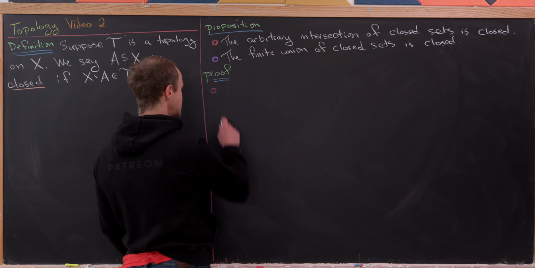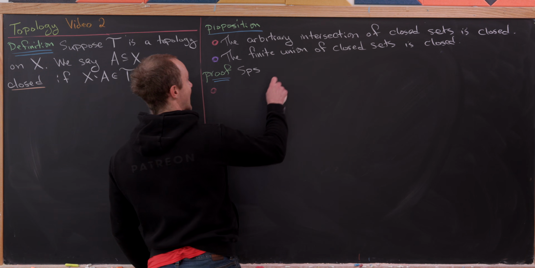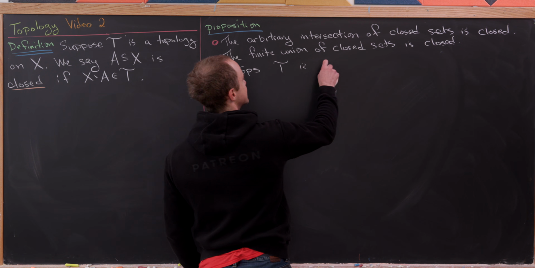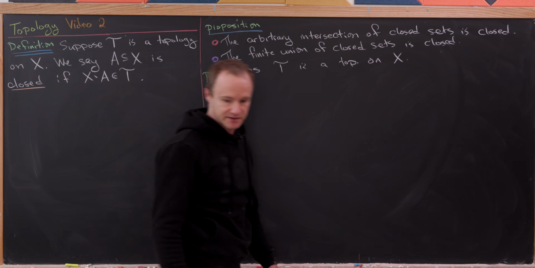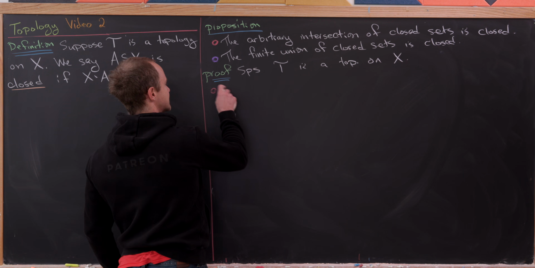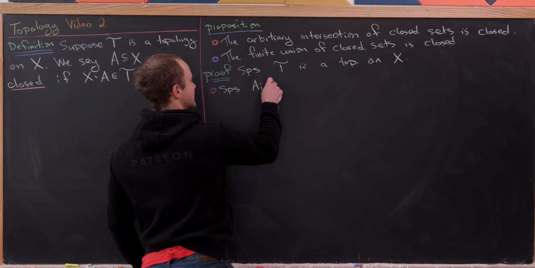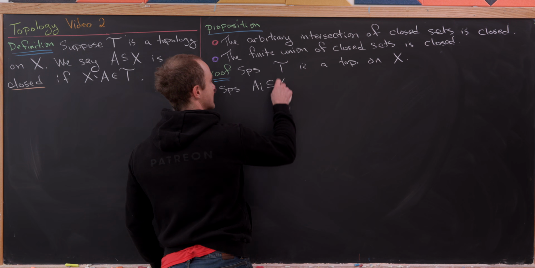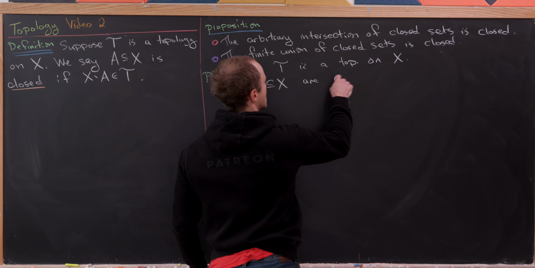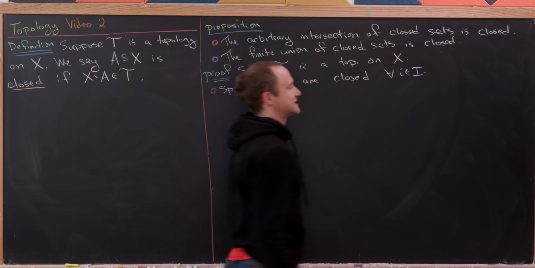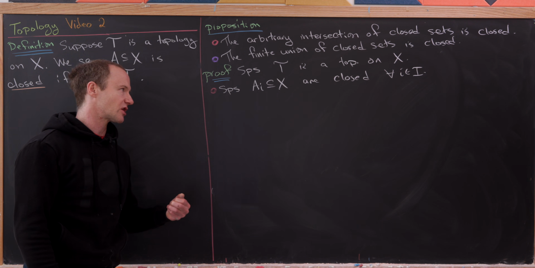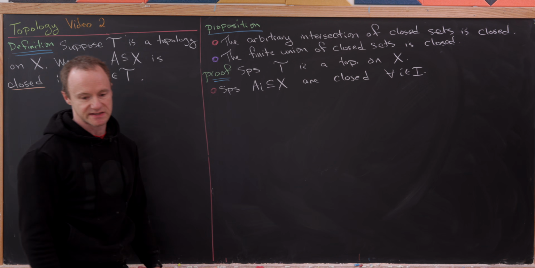Okay, so let's suppose throughout that T is a topology on a set X. Okay, and then let's suppose that A sub I, which is a subset of X, are closed for all I from some indexing set I. In other words, we've got this arbitrary collection of closed sets.